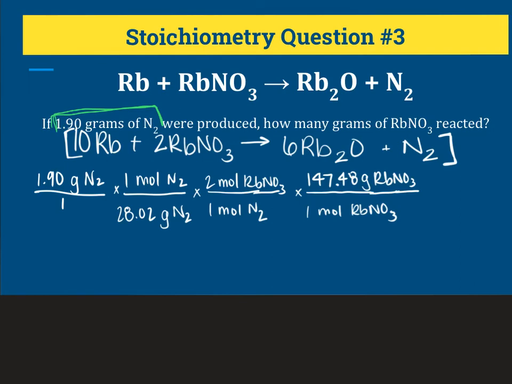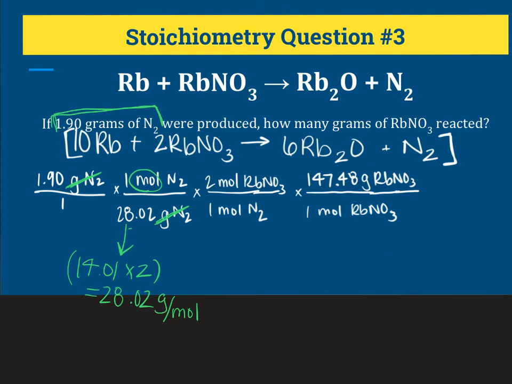Our next equivalent statement then, needs to have grams of N2 on the bottom, so these units can cancel out. And we can calculate the molar mass of N2 by doing 14.01 times 2, and that gets us 28.02 grams per mole. We used that up here in this statement, and now we're left with moles of N2.